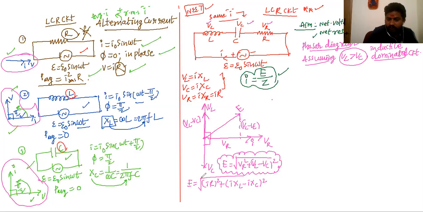I can take I square common, and when it comes outside, it will be I times the square root of R square plus XL minus XC whole square.